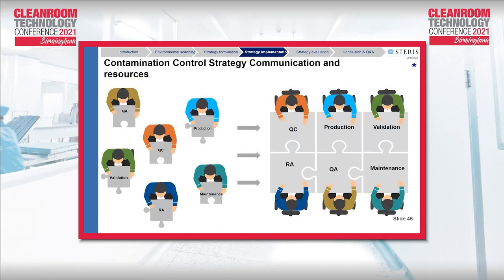Another thing that is very important is the contamination control strategy, communication, and resources. It's really important that the personnel and the people are working not in silos but rather in a group.